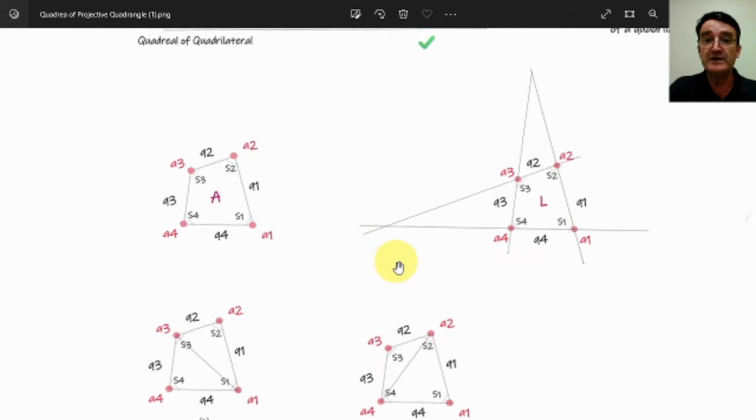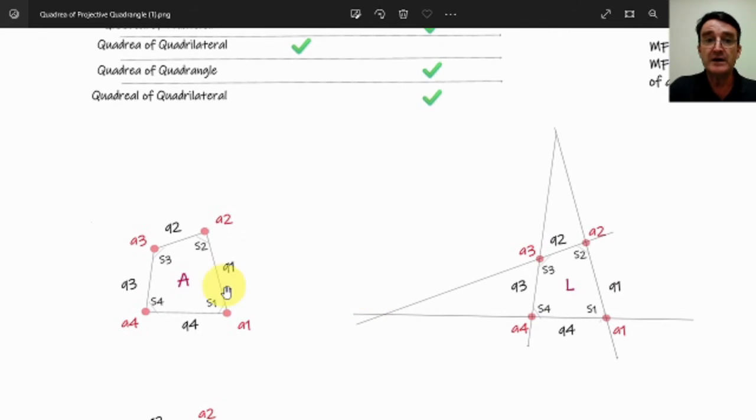So we have here a diagram consisting of projective points. This shape is a quadrangle consisting of projective points A1, A2, A3, and A4. We have this metrical notion of quadrance between points.